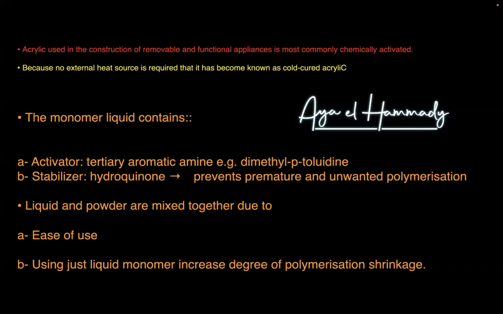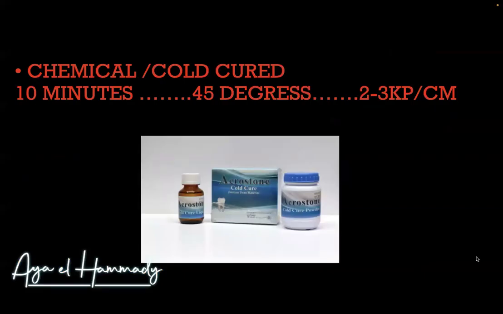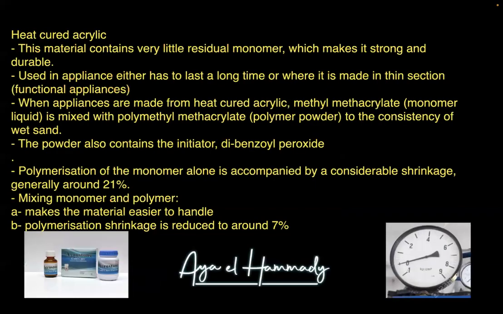So the monomer, which is the one molecule, contains the activator, the liquid, and the powder are mixed together to give me the polymer, right? The mixing process here is polymerization. Sometimes it leads to polymerization shrinkage. And we have two types of acrylic, either the heat or the cold one.